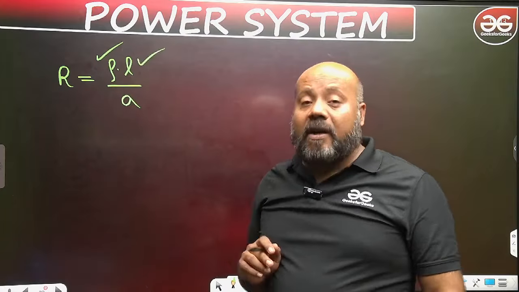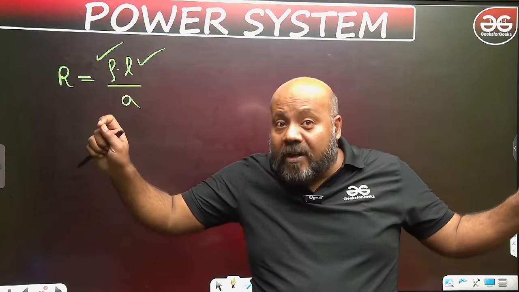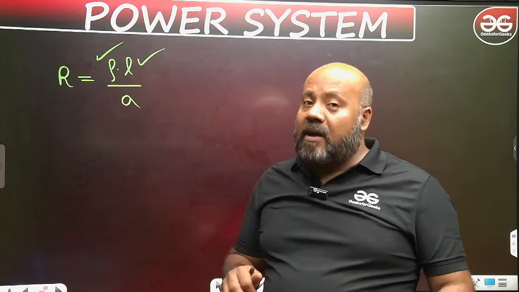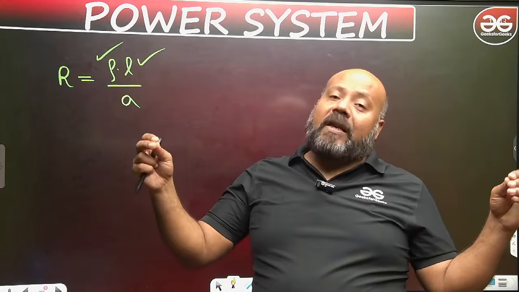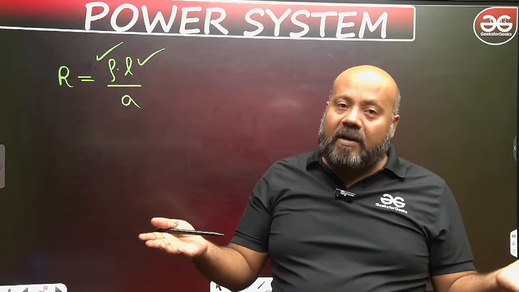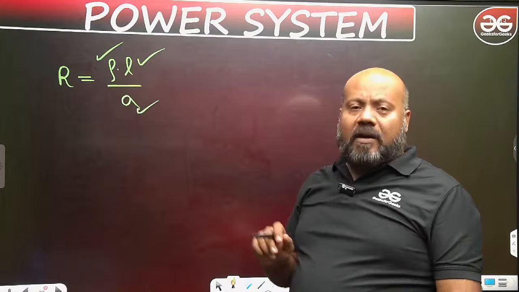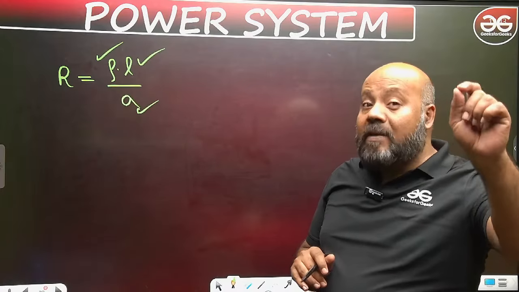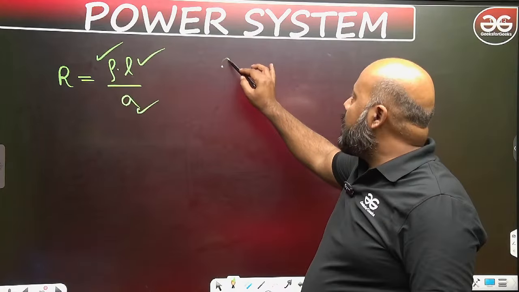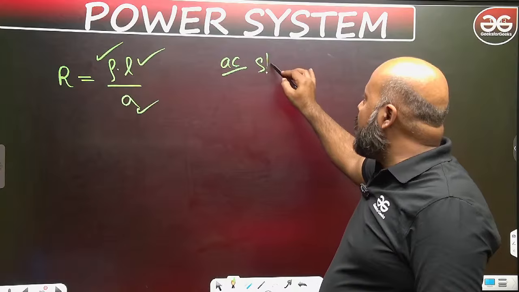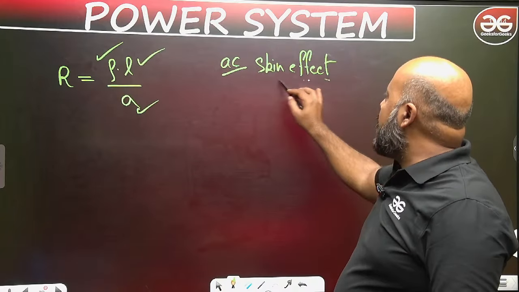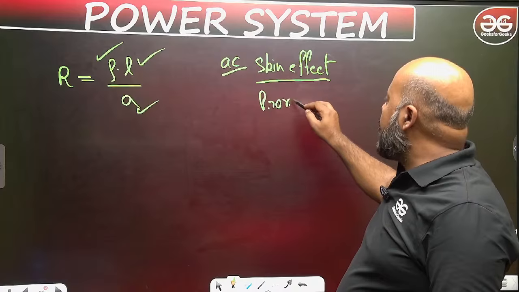Once you design it, the length of the conductor is fixed, so L is also fixed. The cross-sectional area of the conductor is also fixed. It means hardly there is going to be any change. There is one possibility of change, that if you talk about AC, because of skin effect, and there is one more effect, that is proximity effect.